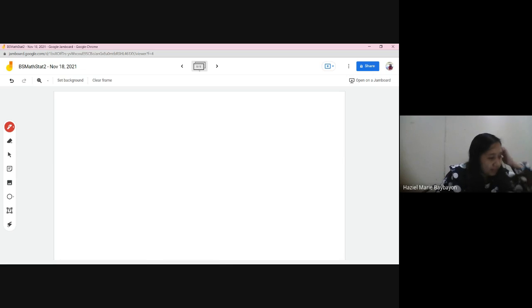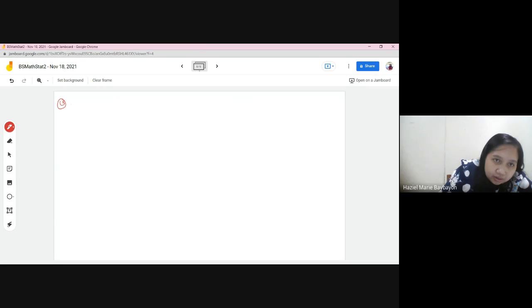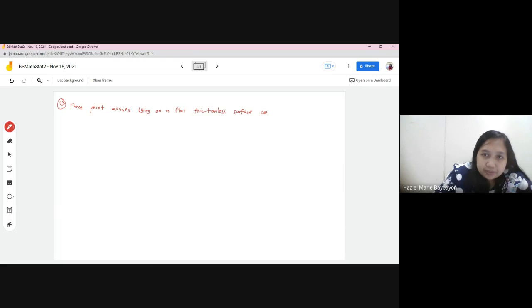We have 3 point masses lying on a flat frictionless surface that are connected by massless rods. So this is our third problem.